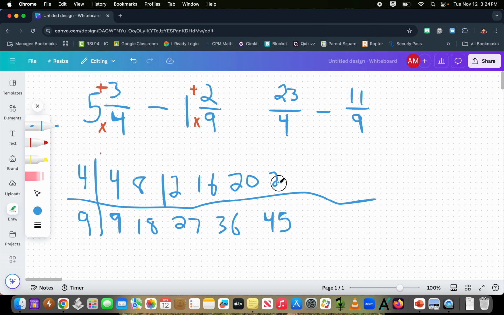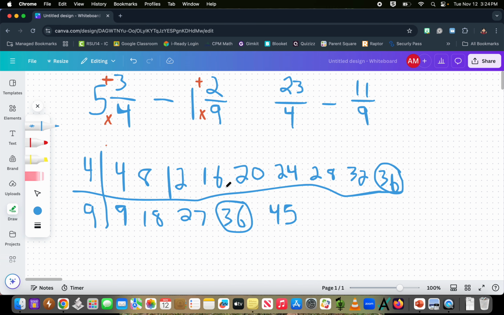So I got 24, 28, 32, and 36, and lo and behold, the first number that these two are going to share is 36.